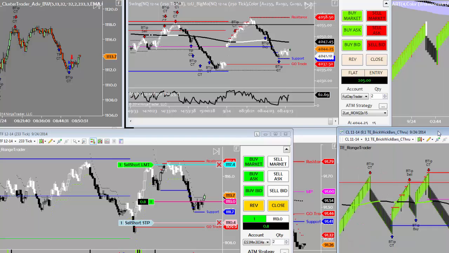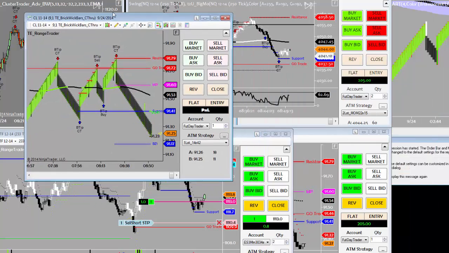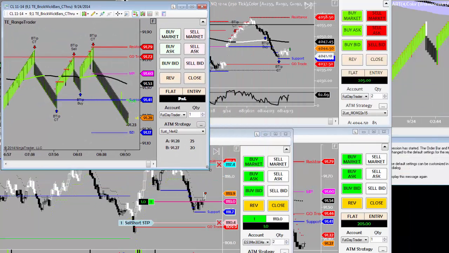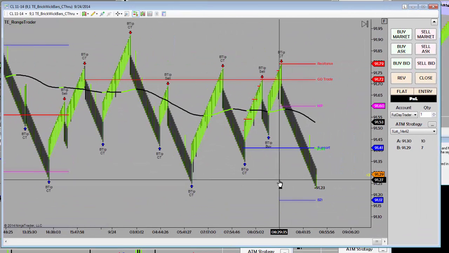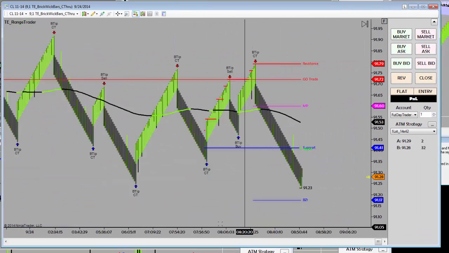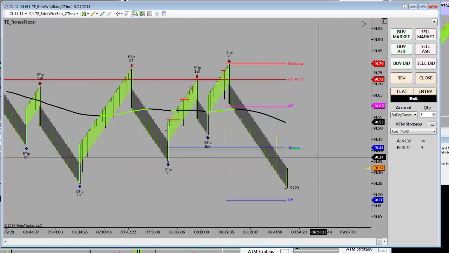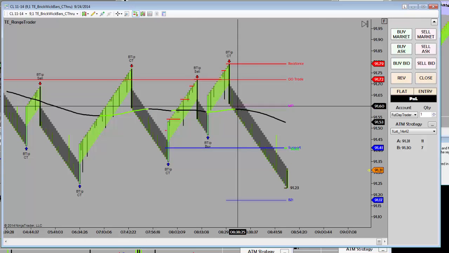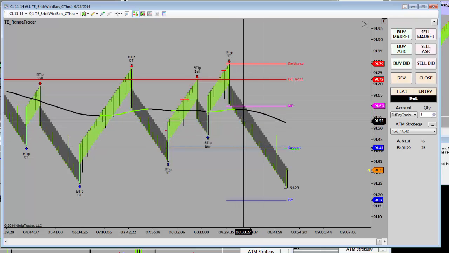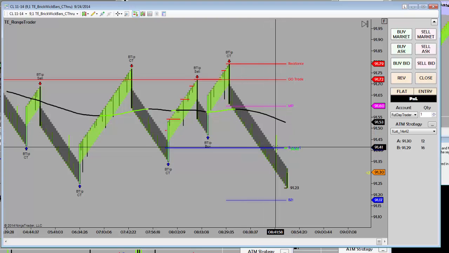Let's move this. And again, I want to show you the cluster trader right here. So you can see that we're breaking down, but again, we worked on the bars yesterday, and this is exactly what I was showing you. When we are in a bear continuation pattern, in other words, we've had 3 to 5 consecutive black bars, then I look to sell this first rally.